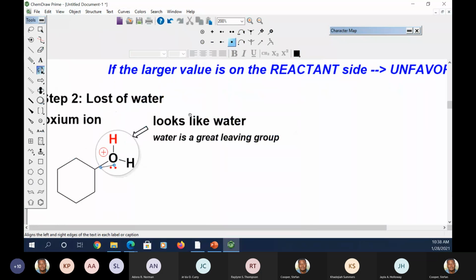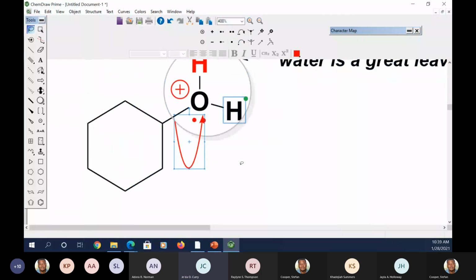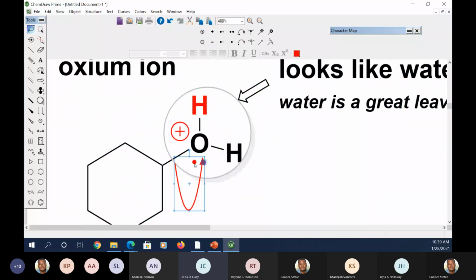Let's zoom in here a little bit. I'm showing the leaving group leaving. Can you guys see that?